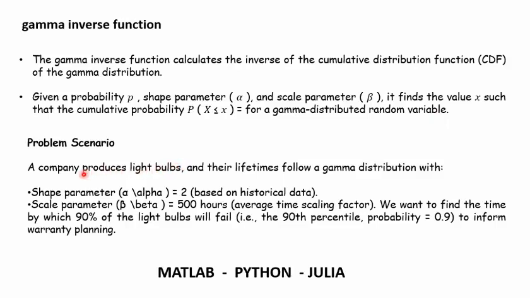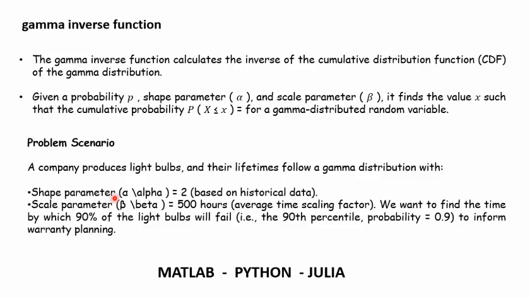Actually, we have a problem scenario and a simple example for the gamma inverse function. Problem scenario: we have a company that produces light bulbs, and their lifetime follows a gamma distribution with this condition.